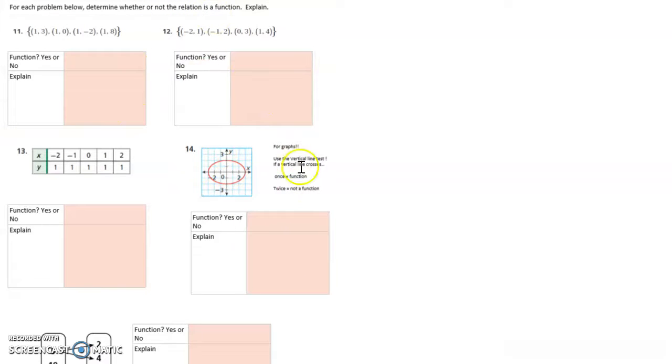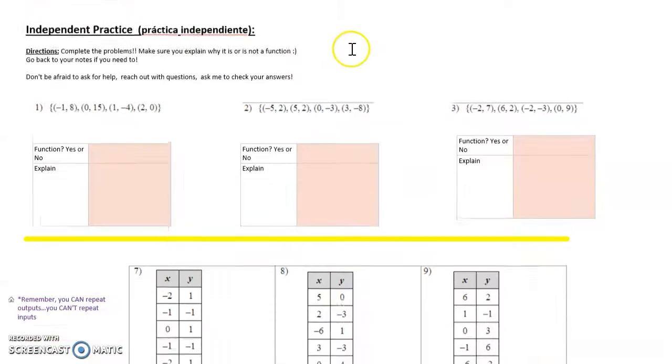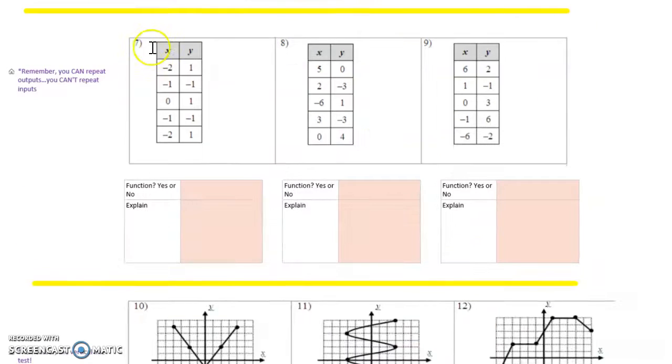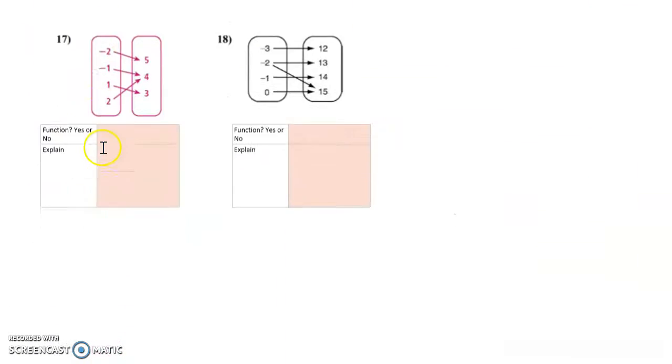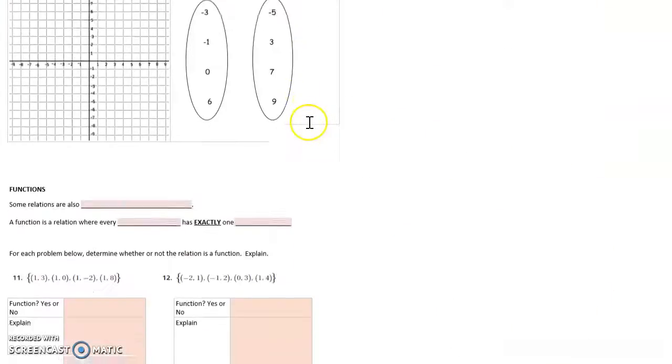We talked about the vertical line test. We looked at a mapping diagram. So you should be able to do these okay. Use those past examples we did to help you. Look through these tables. Again, remember here to draw your vertical line. Here, look to see if you have arrows coming off any numbers twice. Okay? Give it your best shot.